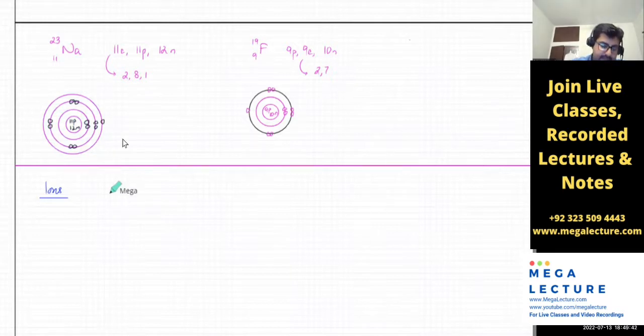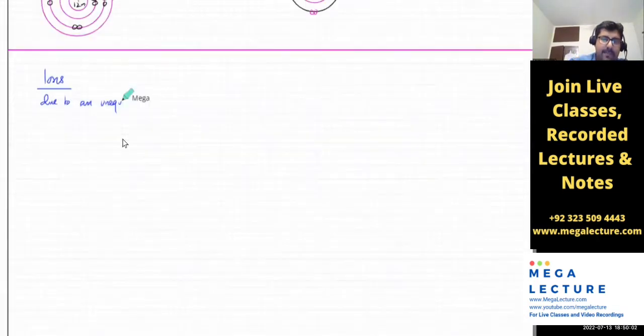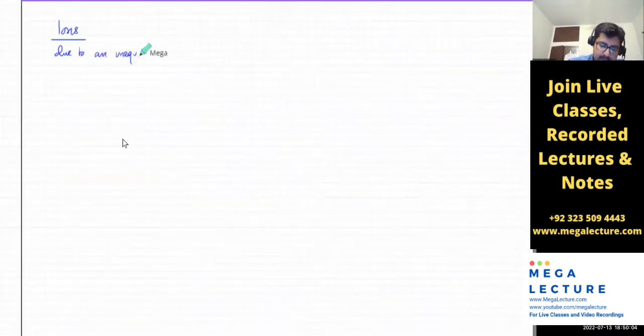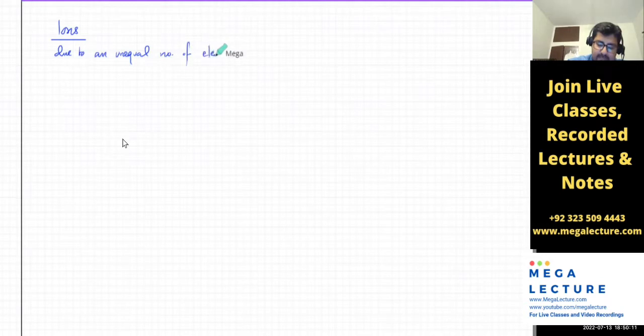So ions are formed due to an unequal number of electrons and protons.